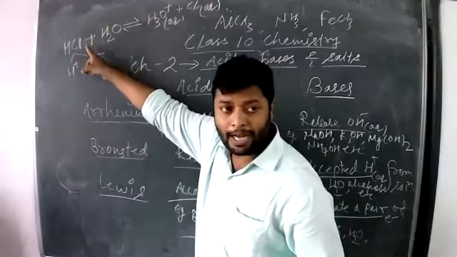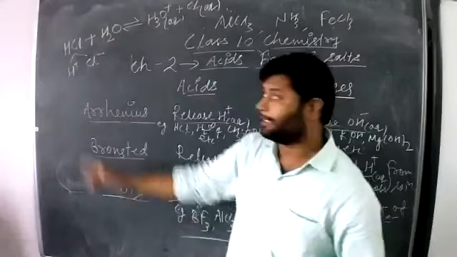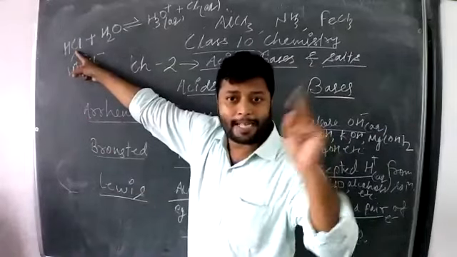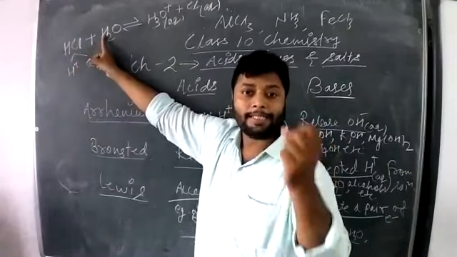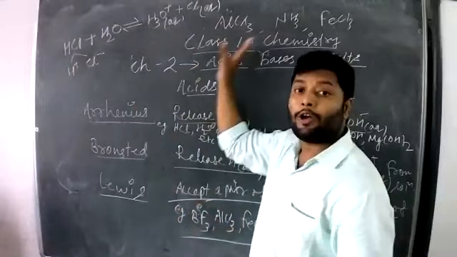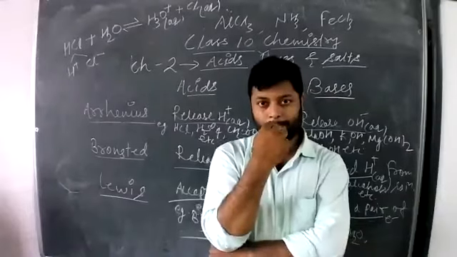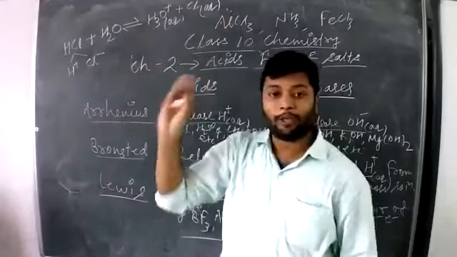So from left to right, what concept can you see here? This substance releases H plus, this substance accepts H plus. Now look from this side. What can you see?